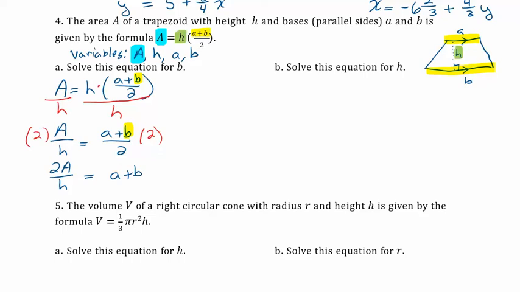All right, we're almost there. B is almost isolated. It's just a that's hanging around. So to get rid of a, we're going to subtract little a from both sides. You can't really simplify this, so we're not going to simplify it. You're just going to write 2A over h minus little a equals b, and that's perfect. There is a way to combine this into one fraction, but we're not going to worry about that, and that's fine.